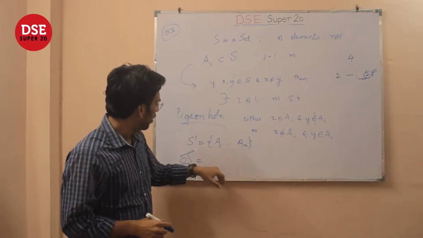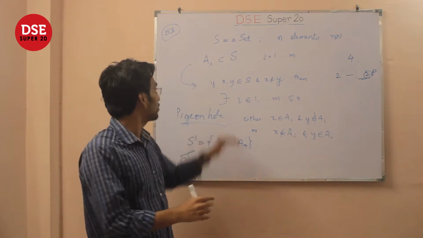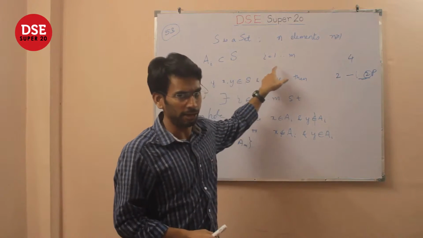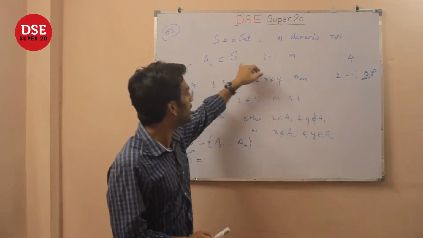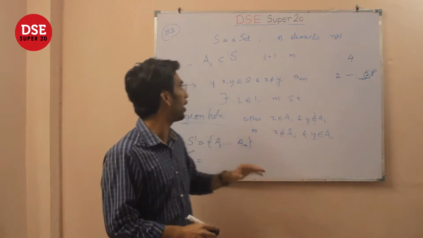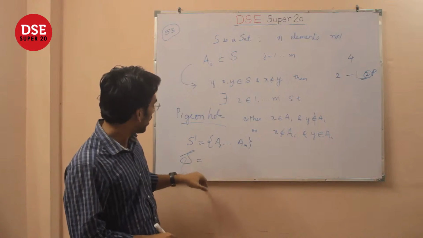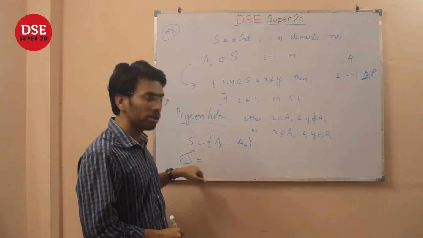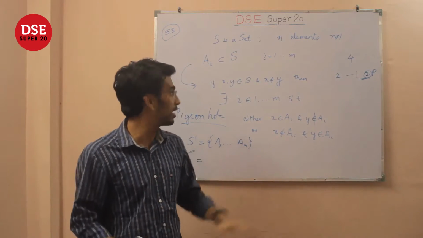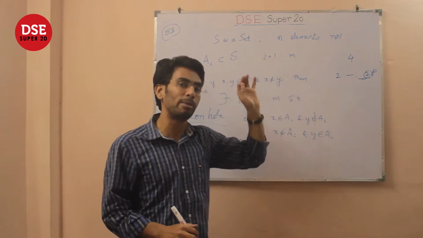Now, any element of script S will be a bunch of subsets of S. Consider any element of S, then there will be at least one element of script S which contains all the subsets A_i to which that element belongs.